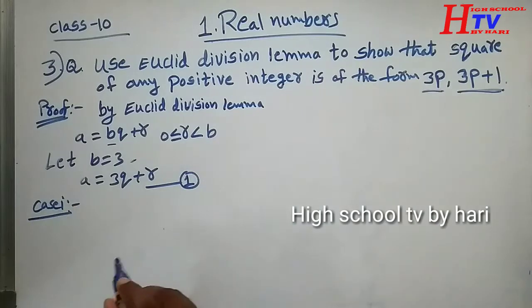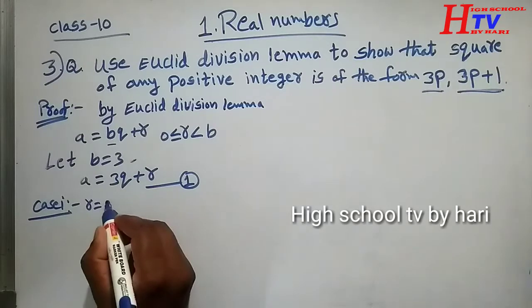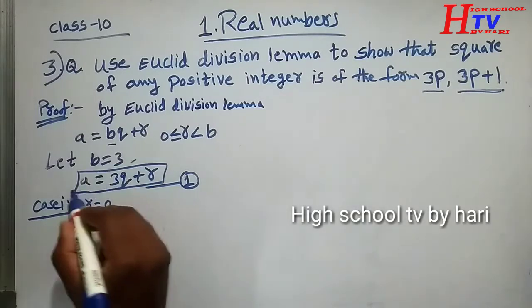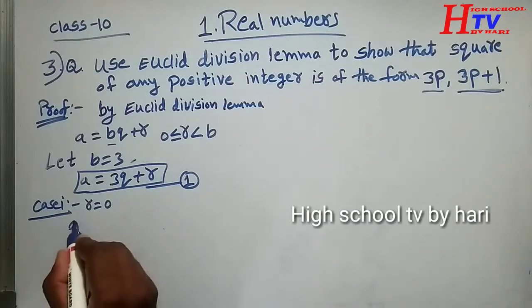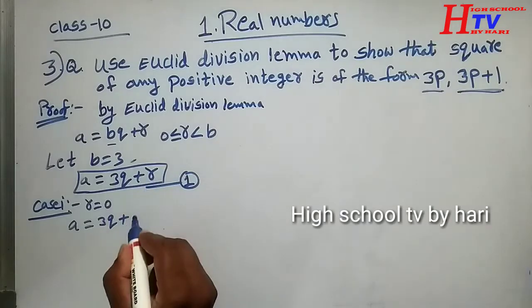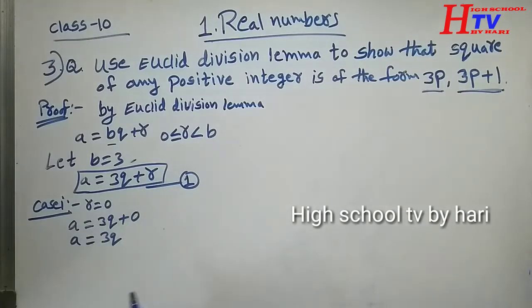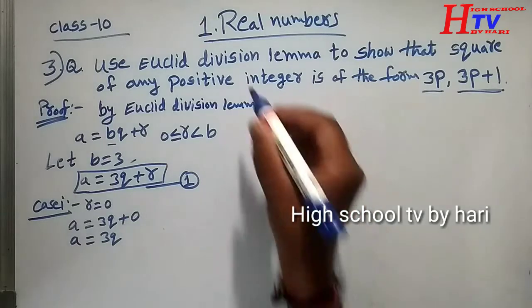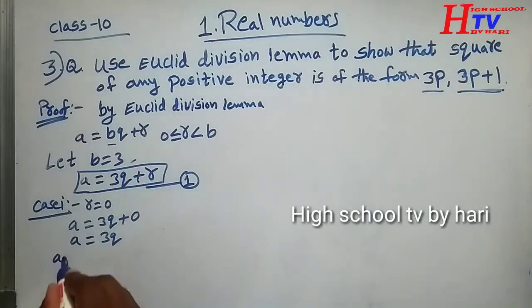Now case 1, when remainder r equals 0. This is the equation when the remainder is 0: a equals 3q plus 0. That implies a equals 3q. The question asks to show the square of any positive integer.